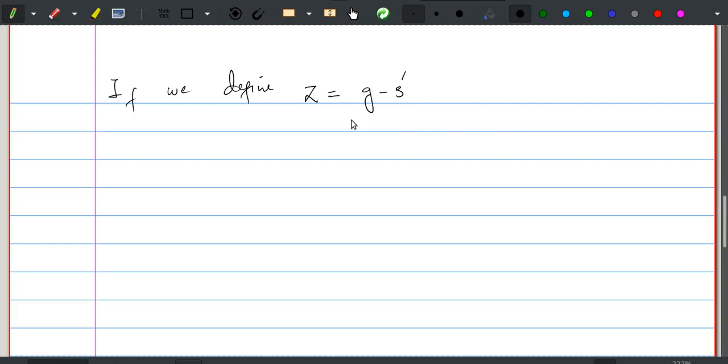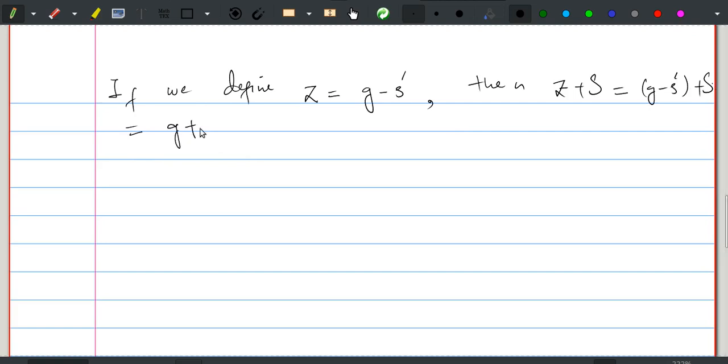Now let us define that Z. If we define Z to be equal to G minus S prime, then Z plus S is G minus S prime plus S. Now this S prime is in S, so this is the same as G plus S. Also, now we have to prove the order of Z is the same as the order of G bar.